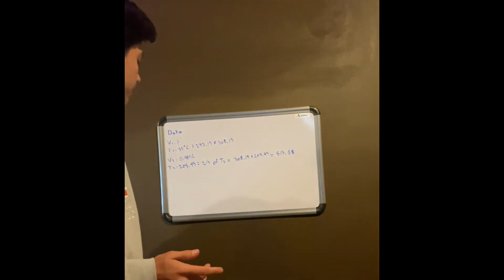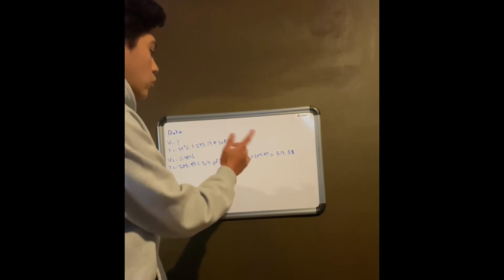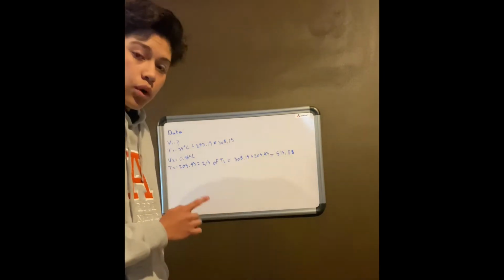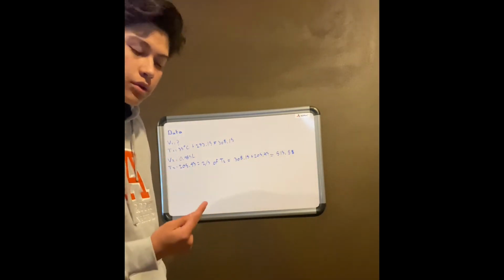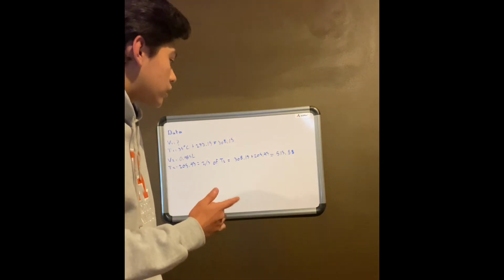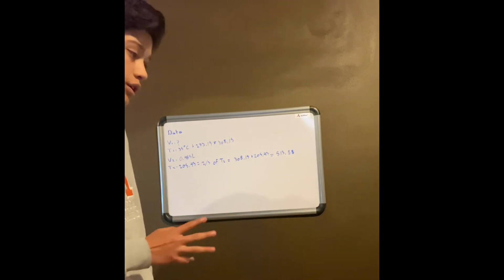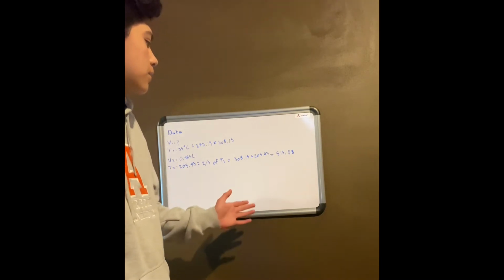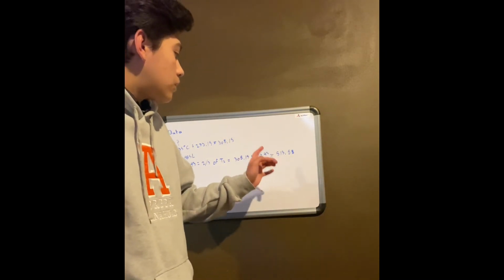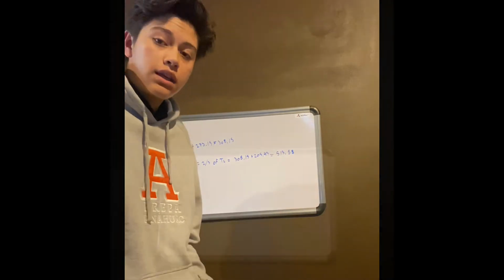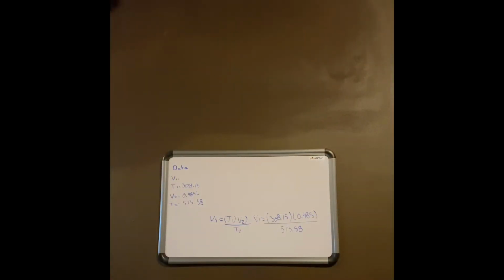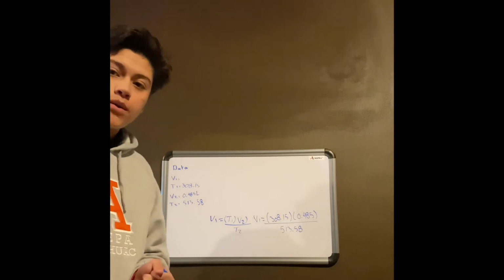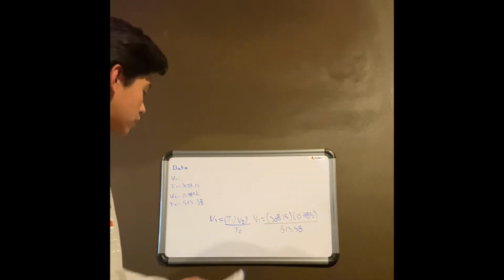So we had 308.15, which is temperature 1, plus 205.43, which is the 2/3 of temperature 1. And it gave us the result of 513.58 kelvins.